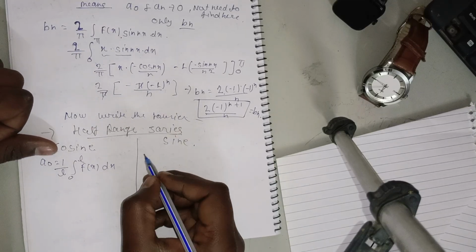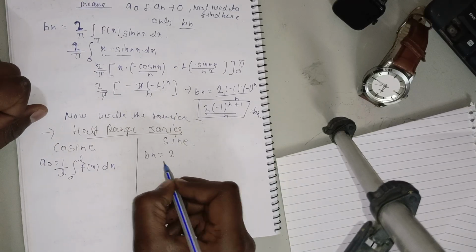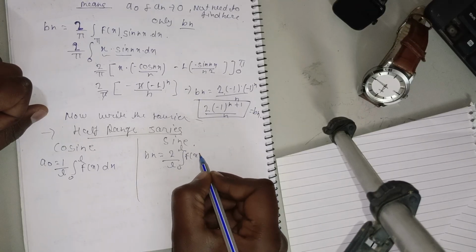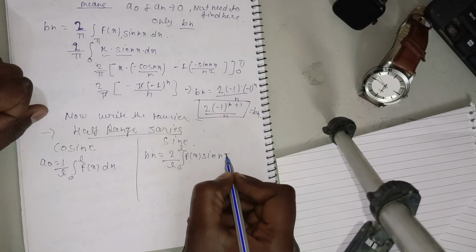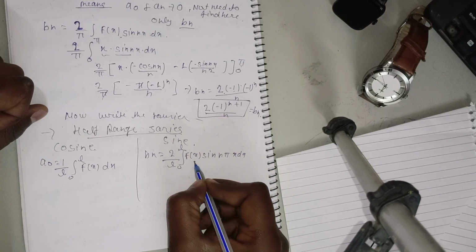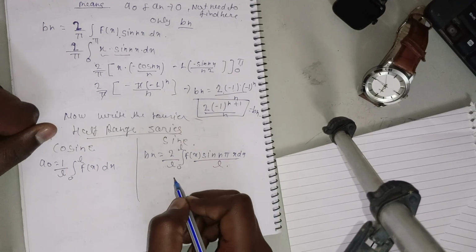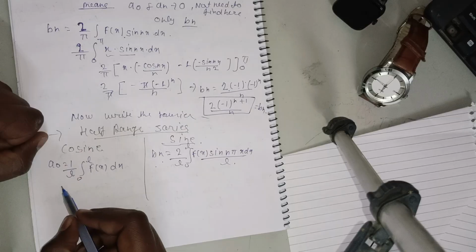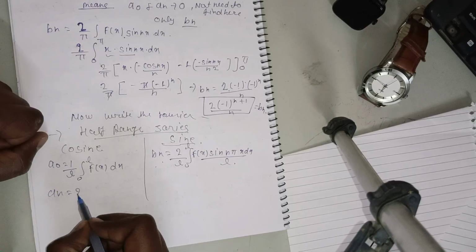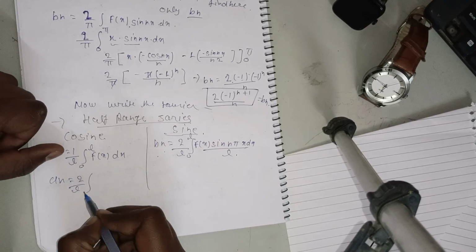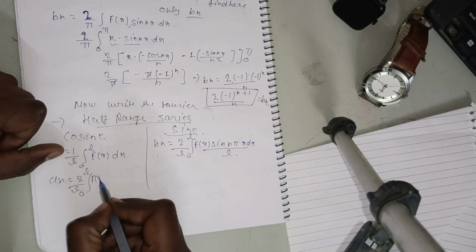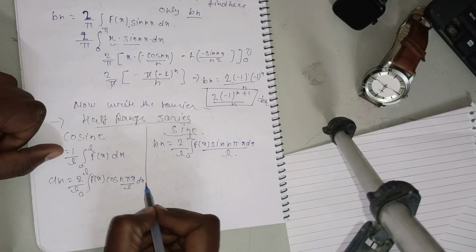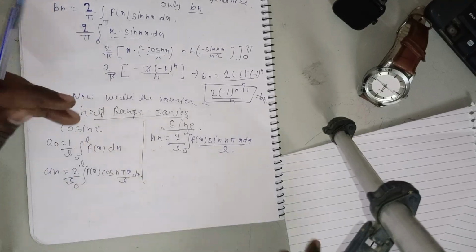And for sine, bn is equal to 2 upon L, integration 0 to L f of x sin n pi x upon L dx. Here if there is only sine, then we need to find bn only. For an it is 2 upon L, integration 0 to L f of x cos n pi x upon L dx. Okay, yeah.